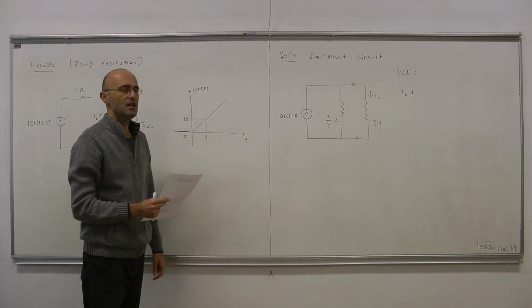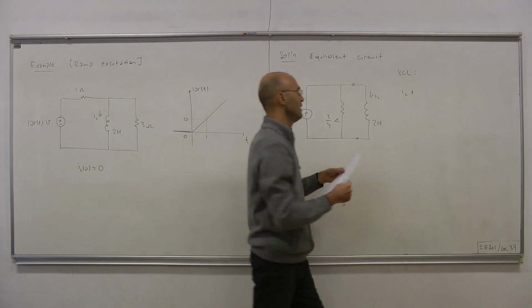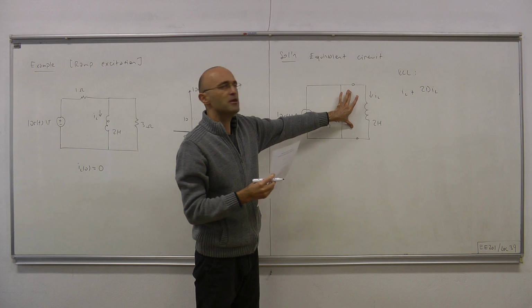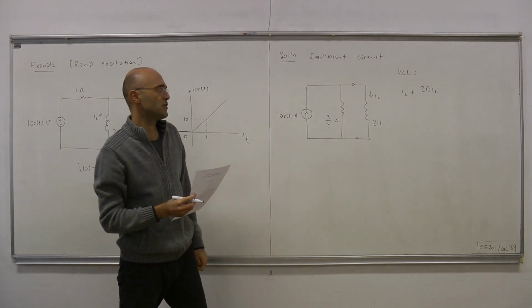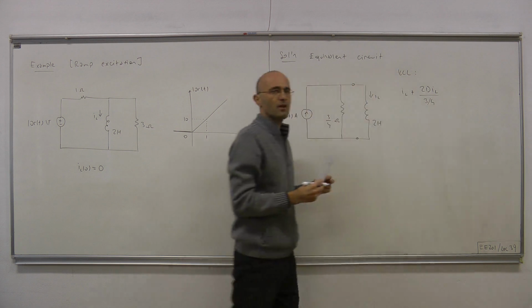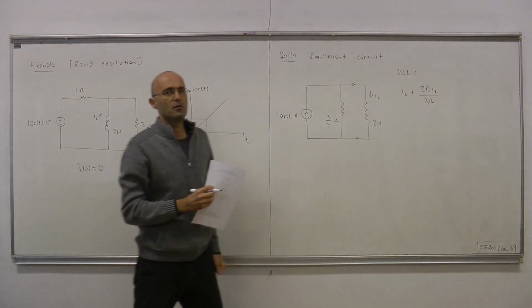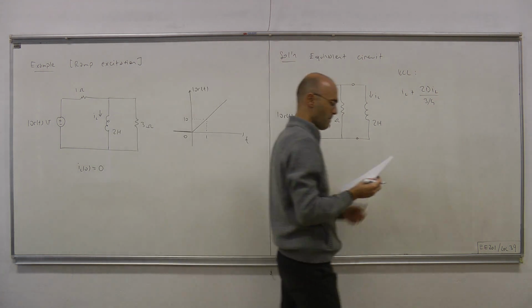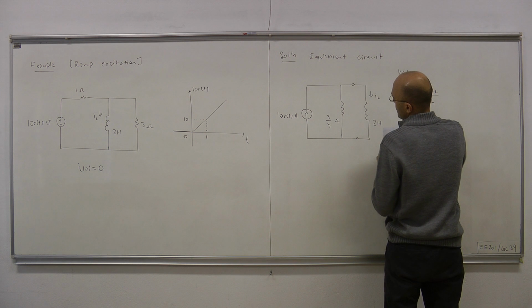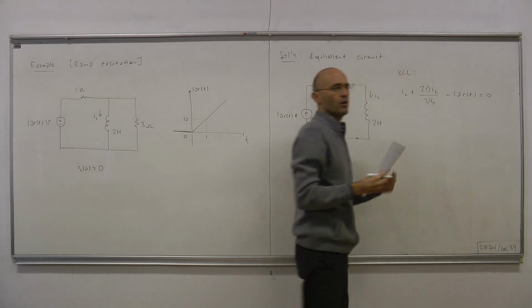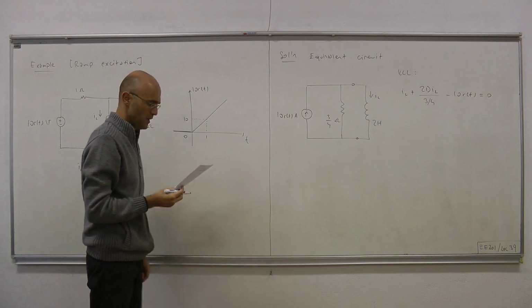It's L dIL, so 2 dIL is the voltage that appears across the terminals of the resistor, divided by the resistance gives us the resistor current. And plus this current, which is minus 10 r(t), equals 0 by KCL.